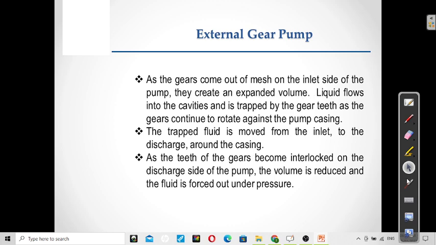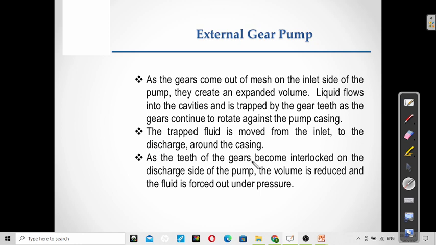Liquid flows into the cavities and is trapped by the gear teeth as the gears continue to rotate against the pump casing. The trapped fluid is moved from the inlet to the discharge around the casing.